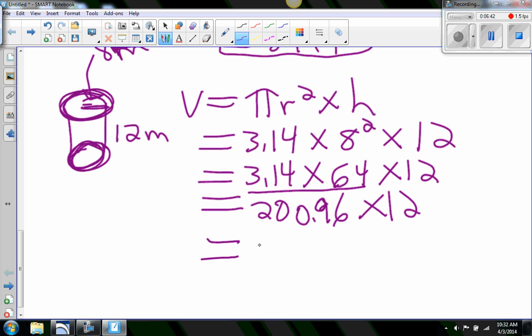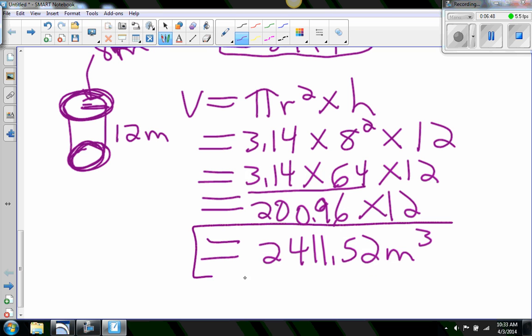You get 2411.52 cubic meters for your final answer. So pi r squared is the big B, right? But for cylinders, it's never going to change. So you don't really need to write the big B. You can just put pi r squared. It will always be area of a circle times the height, and you're done.